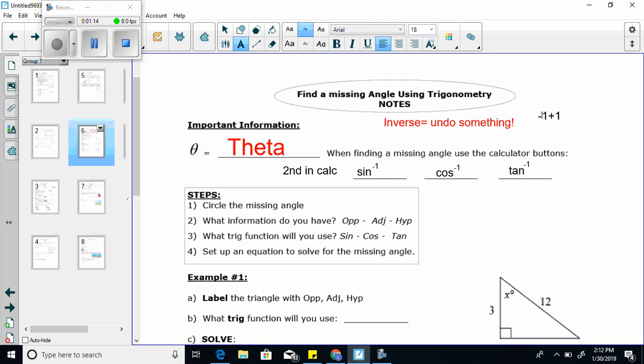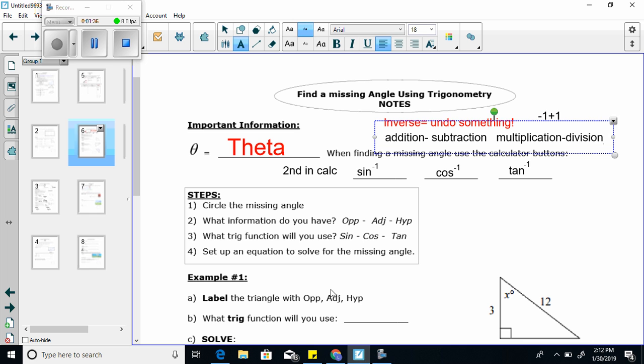If you want to undo addition, you use subtraction. If you want to undo multiplication, you're going to do division.